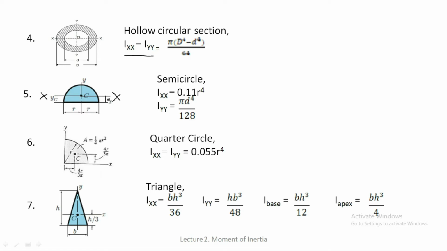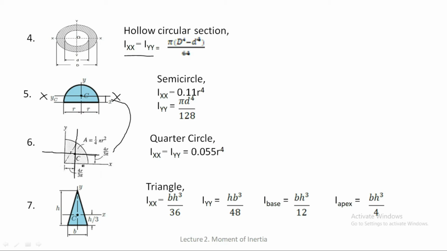Okay, how much is it? It is 4r upon 3 pi, and that distance is the same when you look at the quarter circle. You can find 4r upon 3 pi here, and you will also find 4r upon 3 pi on this side also. So for a quarter circle, your vertical centroidal axis will pass through the center of gravity in this way, and your horizontal centroidal axis will pass through this way.